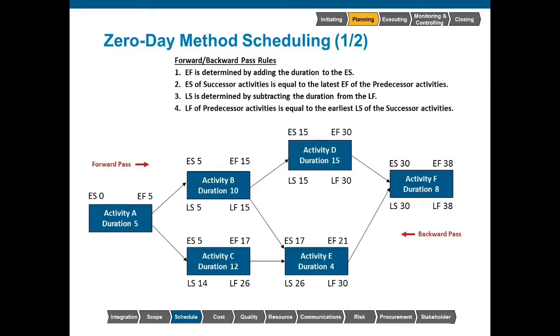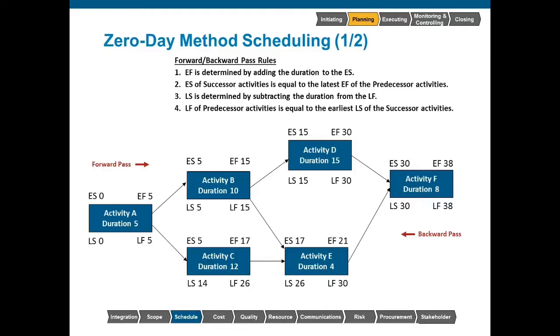So the late finish of the predecessor is equal to the earliest late start of its successors. The earliest of the late starts of activities B and C is 5. So the late finish becomes 5 on activity A. 5 minus 5 equals 0.